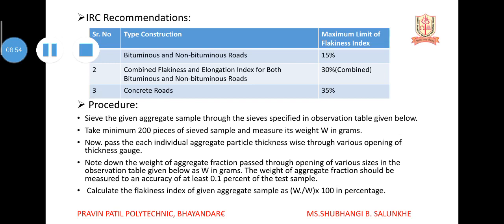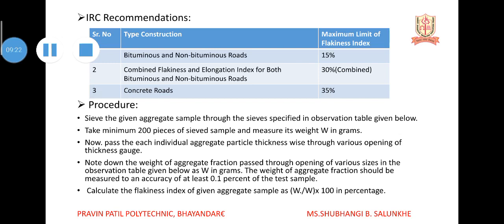Like that, the various openings are specified according to the sieves. Note down the weight of the aggregate fraction passing through the openings of various sizes in the observation table below, W1 in grams. The weight of the aggregate fraction should be measured to an accuracy of at least 0.1% of the test sample. Calculate the flakiness index of the given aggregate sample, that is W1 upon W into 100, in percentage.